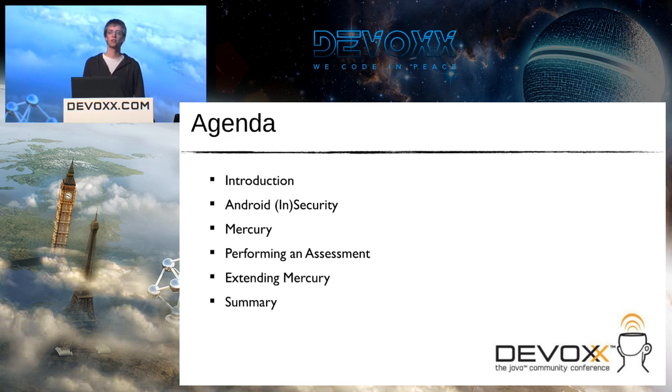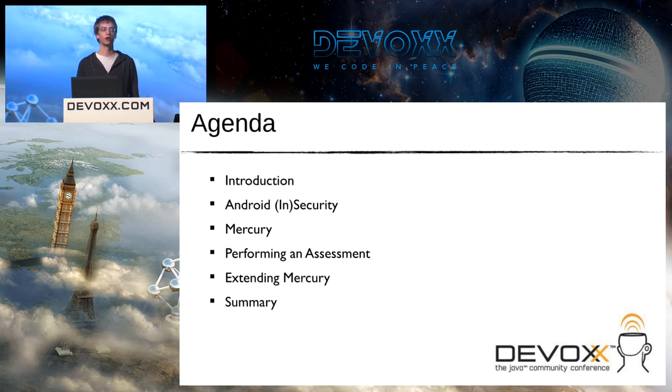So what are we going to look at today? Once this short introduction is over, we'll look at the security model on Android and how people get it wrong and introduce insecurity into their applications. We'll then introduce Mercury as a tool to help you test some of the most common things that people get wrong in their Android applications.